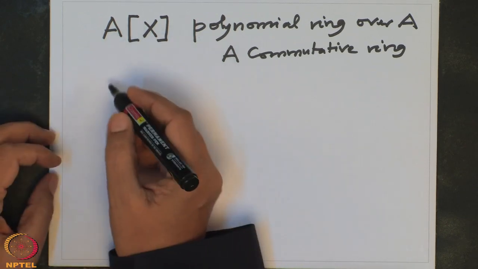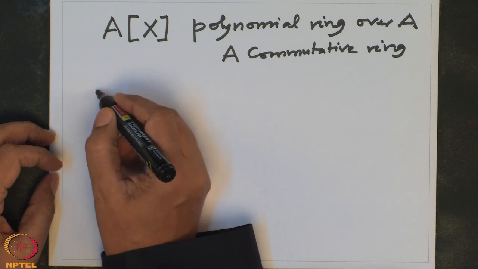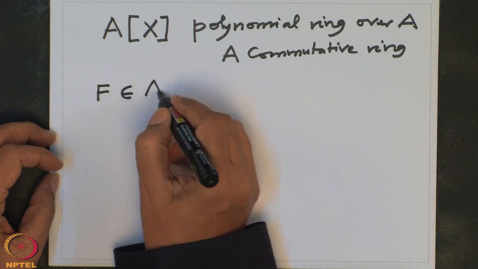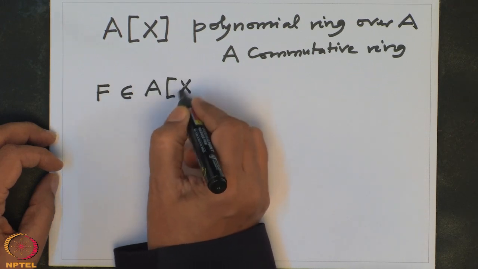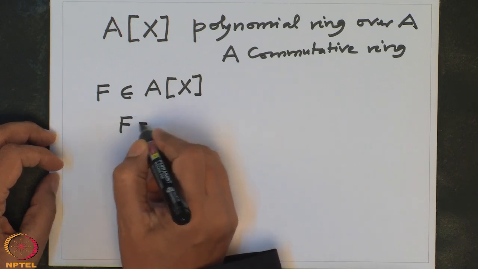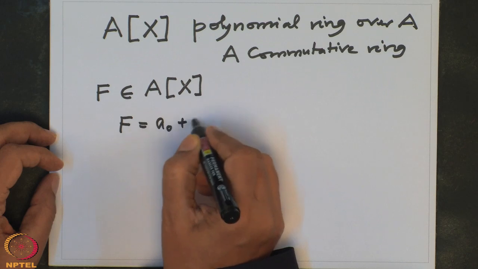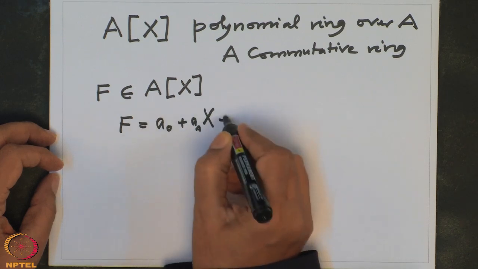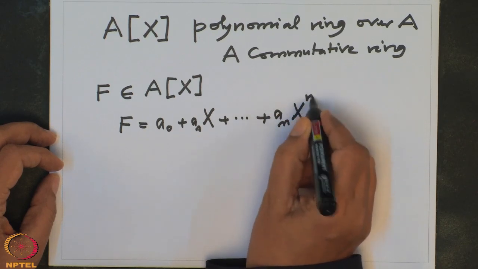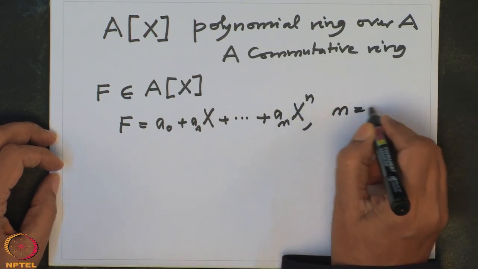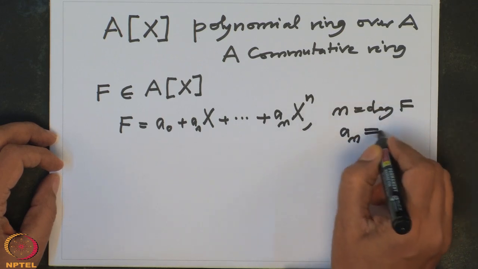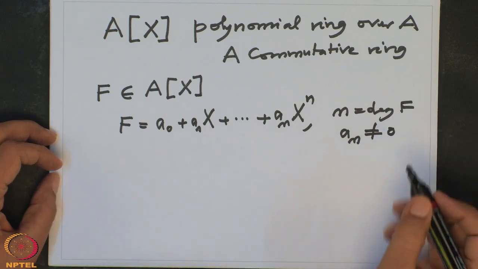So if f is a polynomial with coefficients in A, f we can write it as a0 plus a1x plus ... plus an x power n. This n is the degree of f, where an is the last non-zero coefficient.